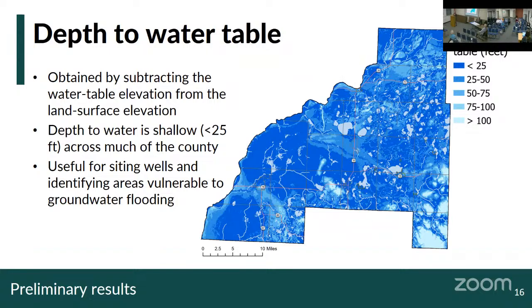This is good news when it comes to drilling a well. That means you don't usually have to drill very deep in a lot of the county, but this can be an issue with flooding. So if the water table is really close to the surface, we get a lot of rain, that water table can rise and cause some issues. And that kind of ties into what I mentioned earlier about the seepage lake areas being very vulnerable to flooding.